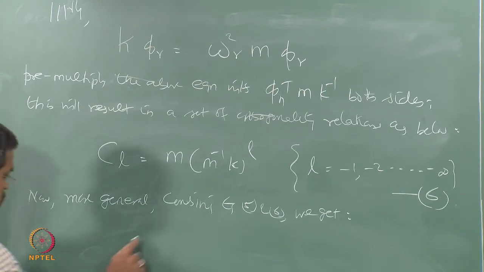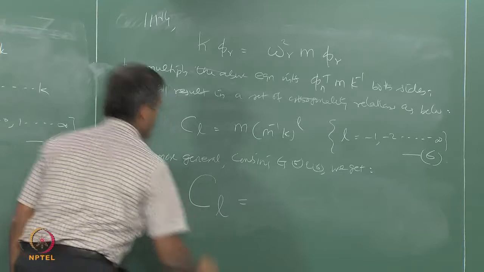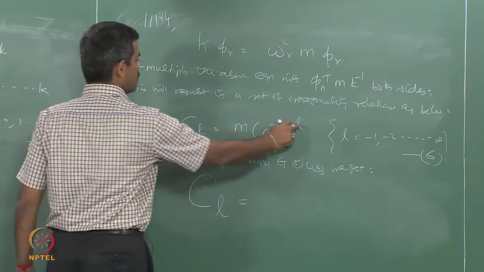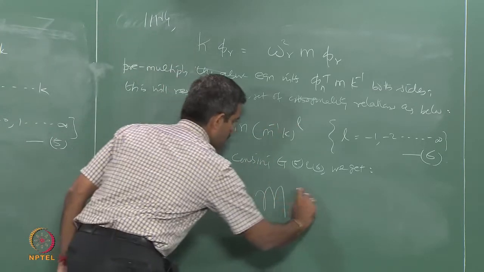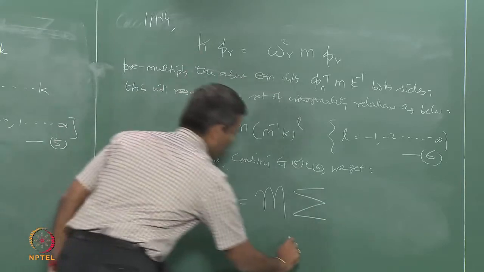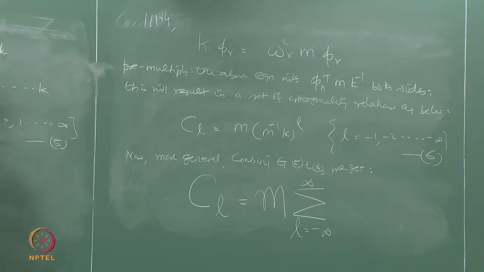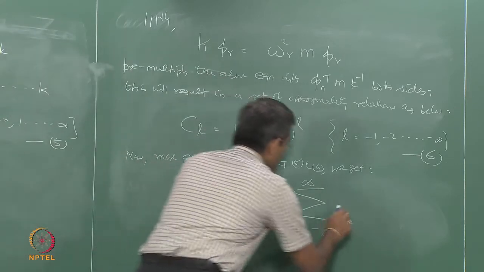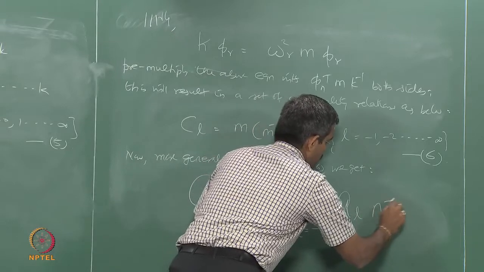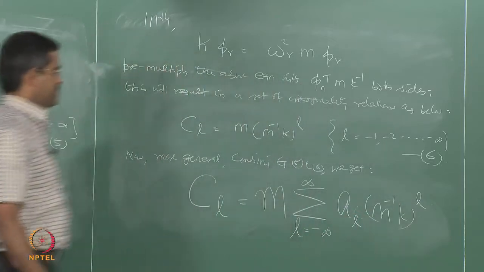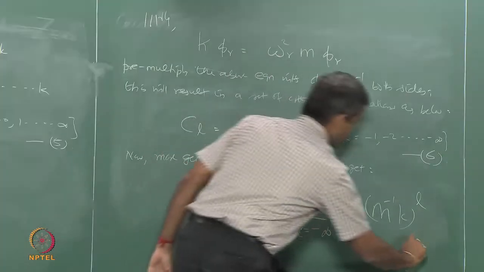C L can be written as, this m is not in the multiplier, m out, summation L varies from minus infinity to plus infinity, A L m inverse k of L. Equation number 7.